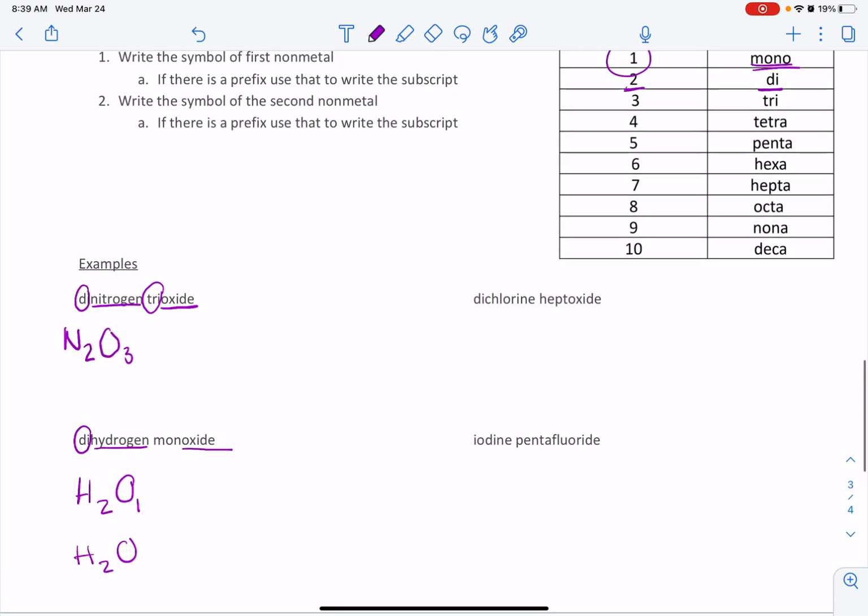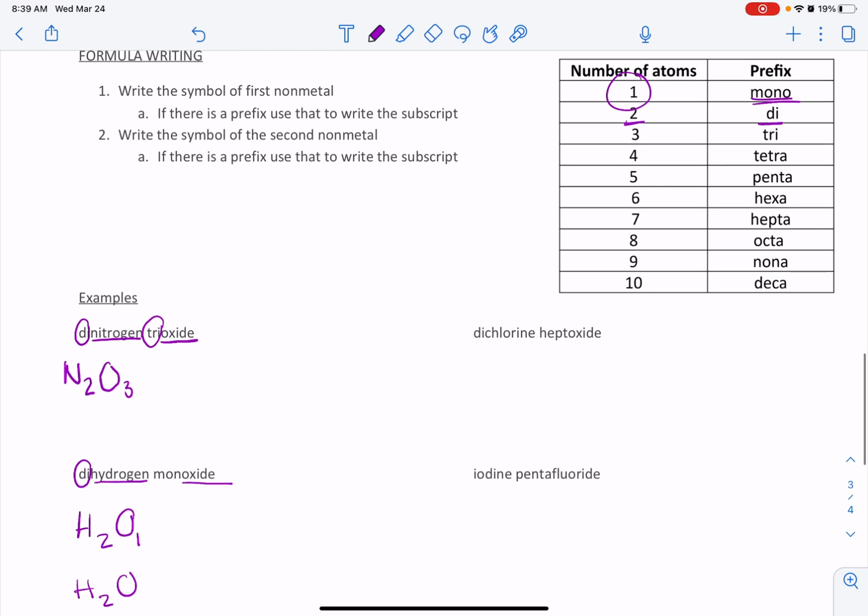Okay, let's look at another one here. We have dichlorine heptoxide. Okay, so chlorine, I know is Cl. If I didn't know that, I can look at it on the periodic table. I see di is 2, so I'm putting a little 2 here.